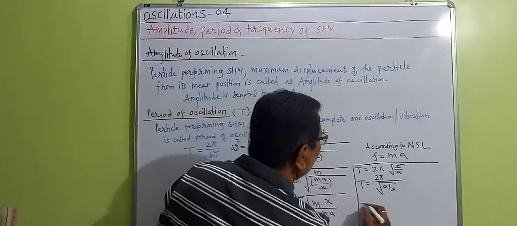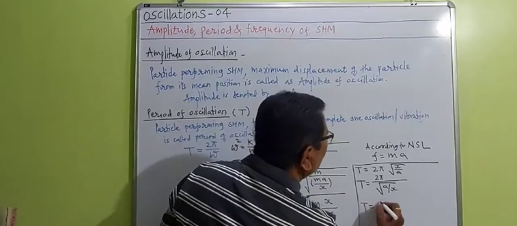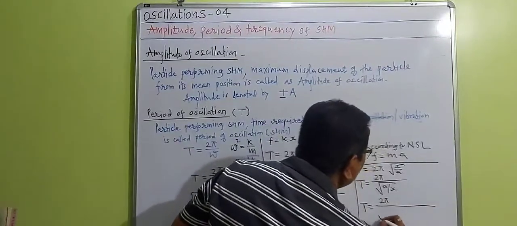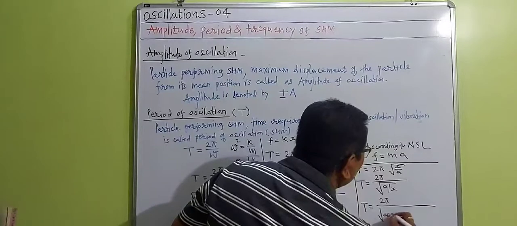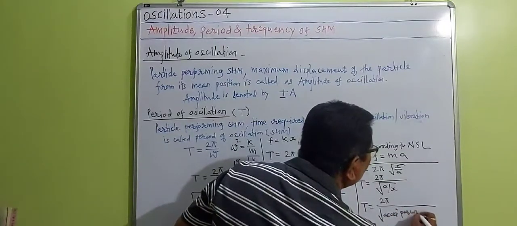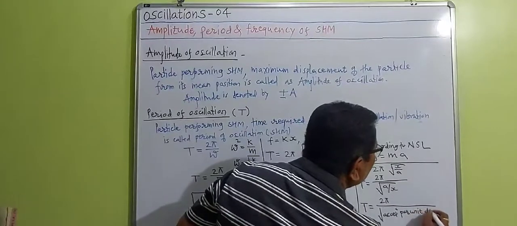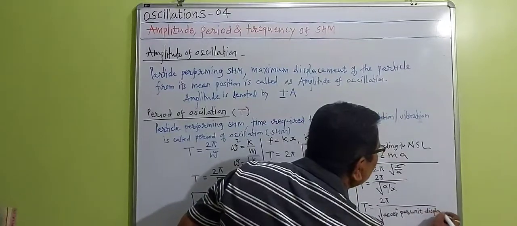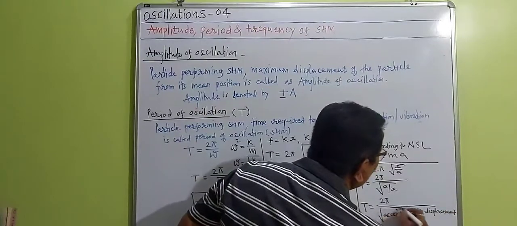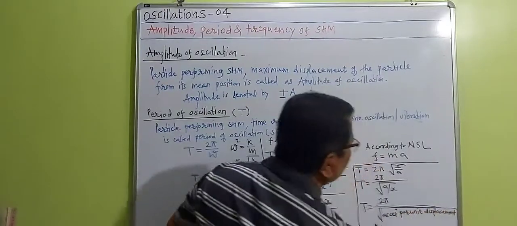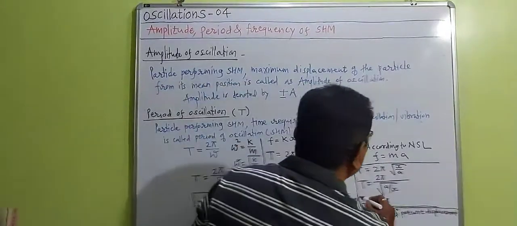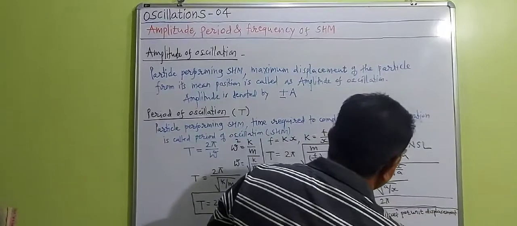So the formula will become T is equal to 2 pi upon square root of acceleration per unit displacement. This is the other formula that we get.